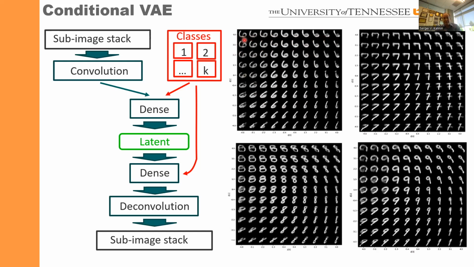So all the 6s are broad on the left, all the 7s are broad on the left, and so on. Once we move from left to right, they become narrow. Once we move from top to the bottom, the direction of the tilt actually changes. So it is intuitively obvious for human eye, and it is very difficult to describe from the physical point of view. It's traits within the data.